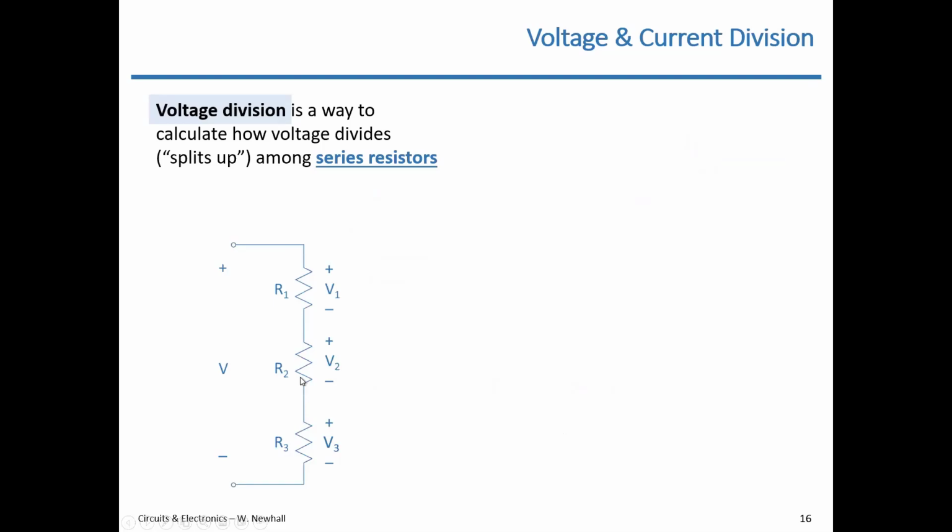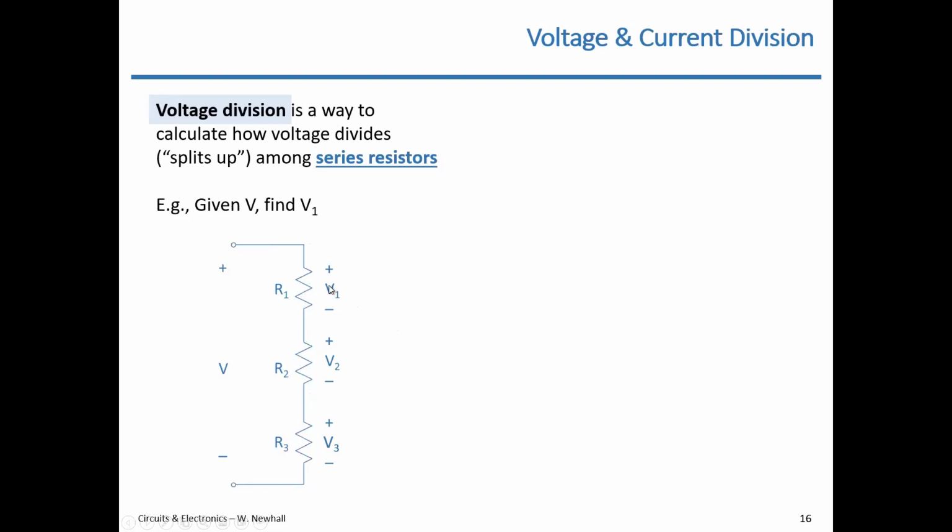If I have current going down through these resistors, and they're all of different values, the voltage is going to be different across each of them. So given V, let's calculate V1.